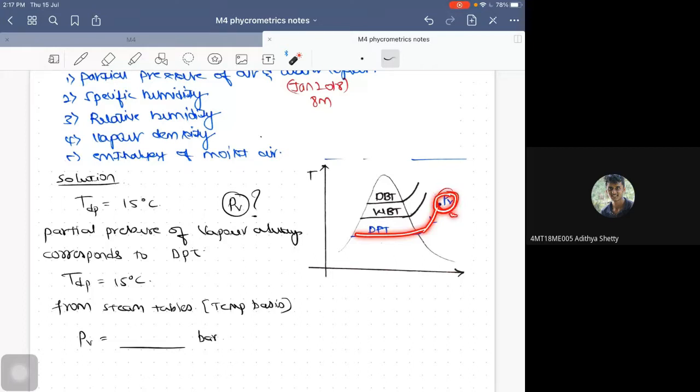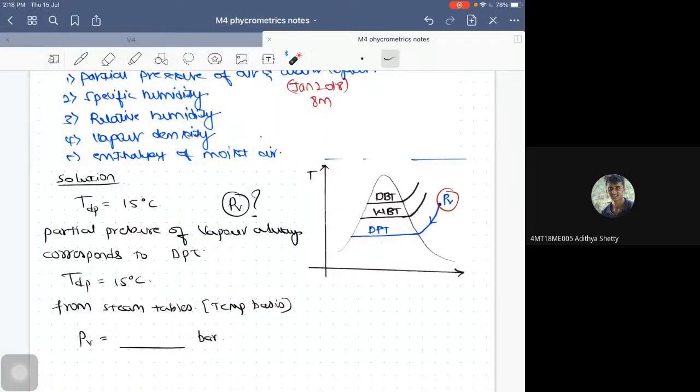That is what we have learned, isn't it? So at 15 degrees Celsius, from the temperature basis steam tables, get the value of PV. I want everyone to solve this problem, okay?